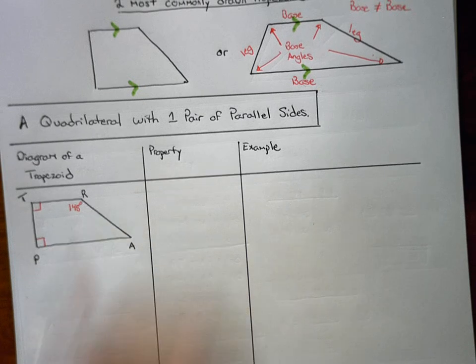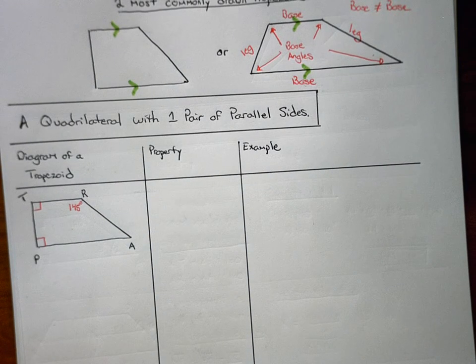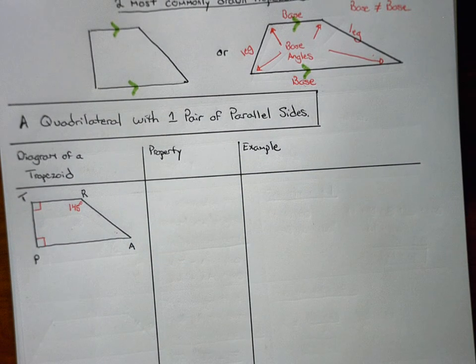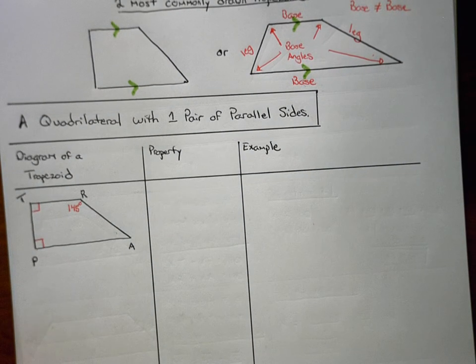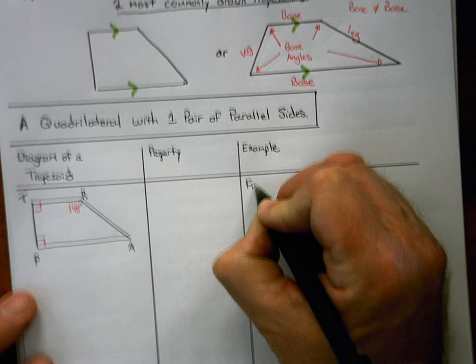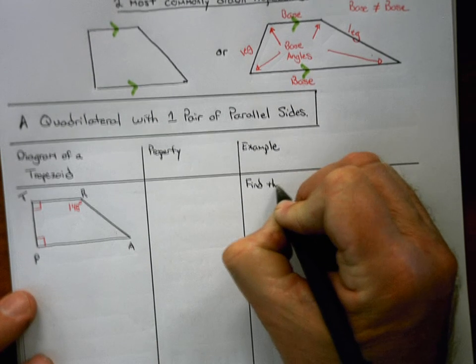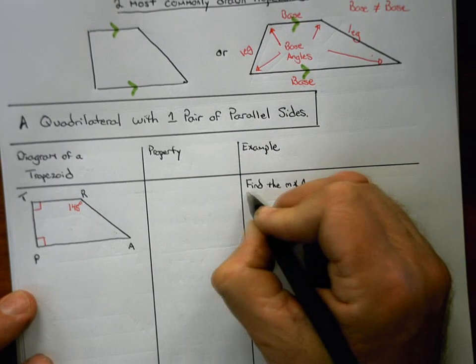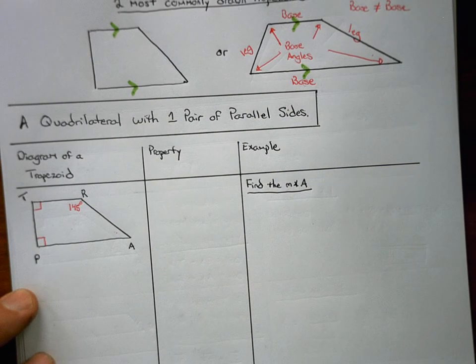Okay, here's what I want you guys to do. For 30 seconds on your own, see if anybody can find the measure of angle A without my help. So the example: find the measure of angle A. See if you can do it without my help.